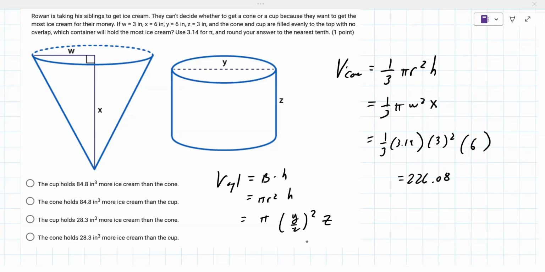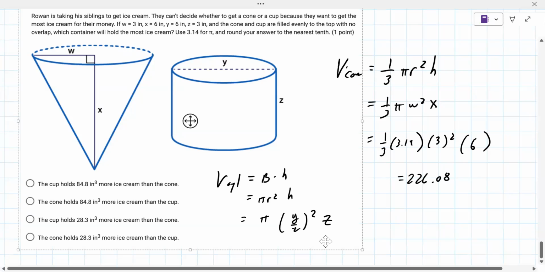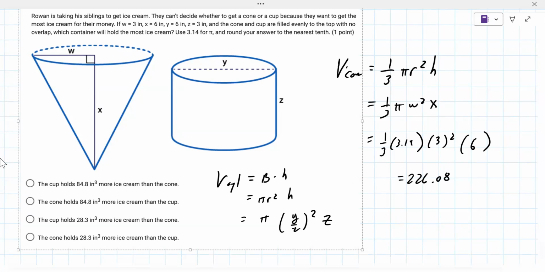Okay. And then multiply it by that Z value. Multiplying it by 3 would get you 254.34. So clearly the cup, the cylinder, is bigger, so you have to subtract.